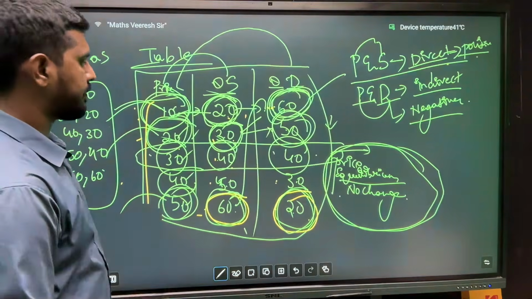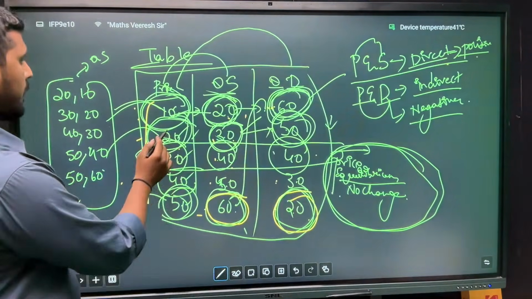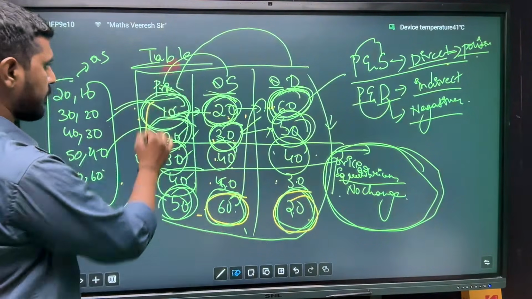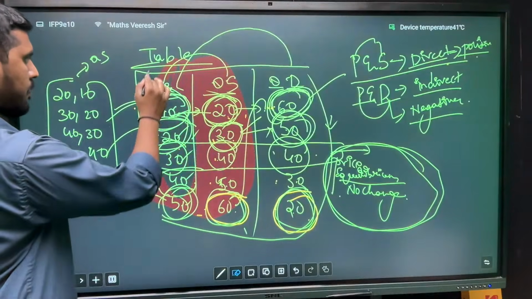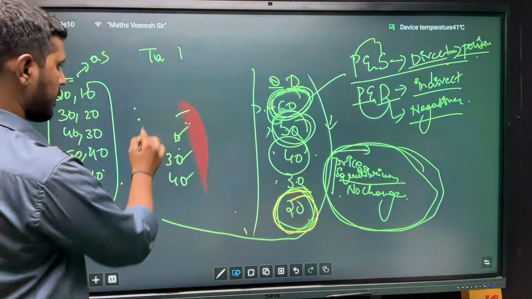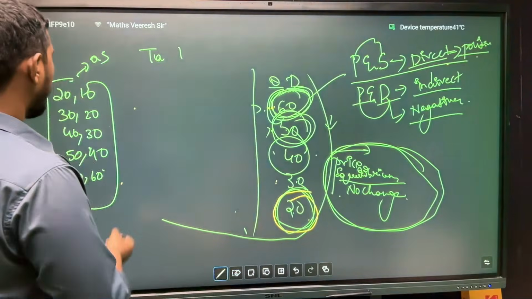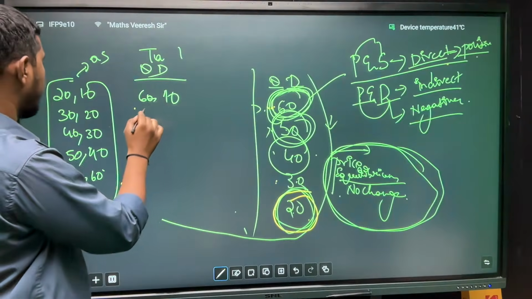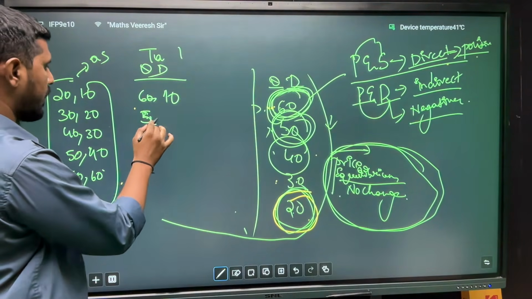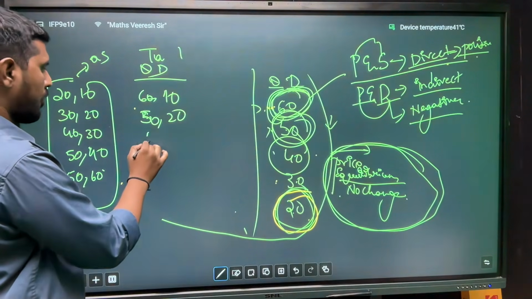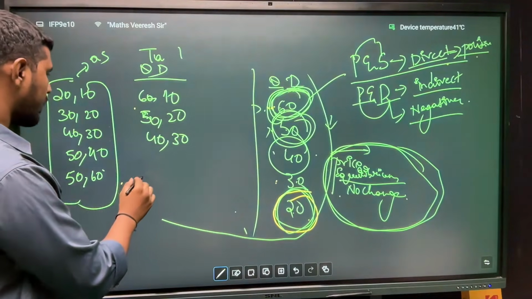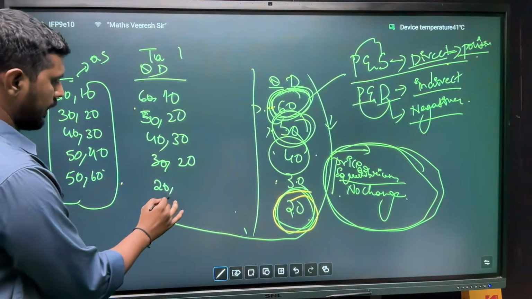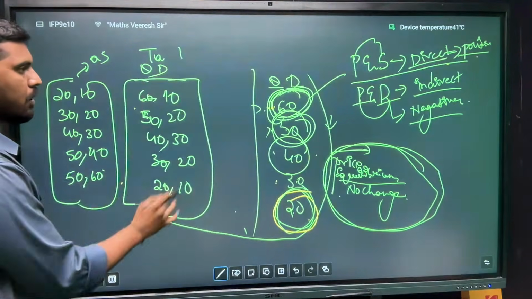And coming to the points of QD: 60, 10; 50, 20; 40, 30; 30, 40; 20, 50. These are the points you have to mention over there.